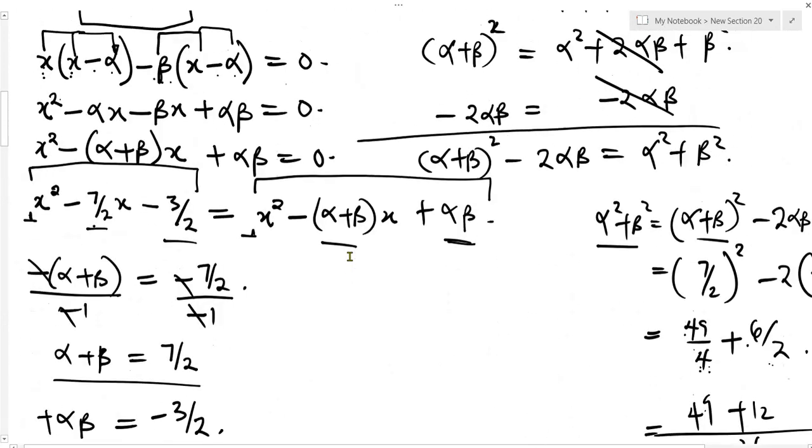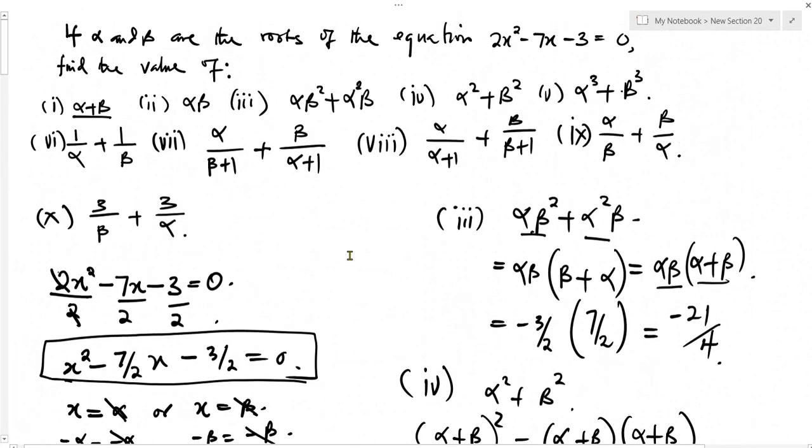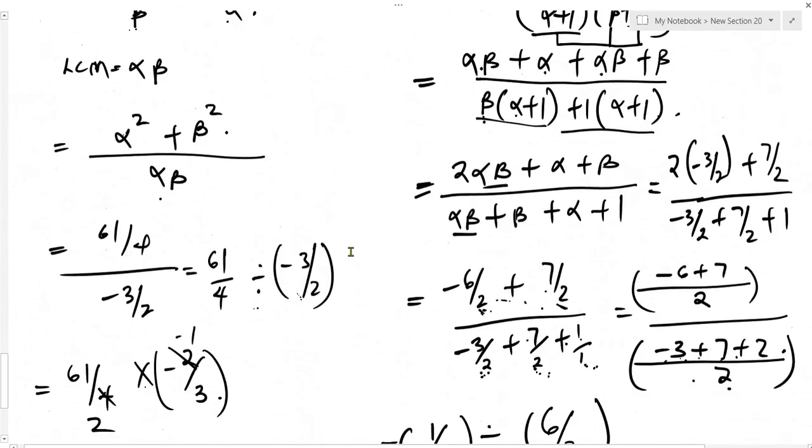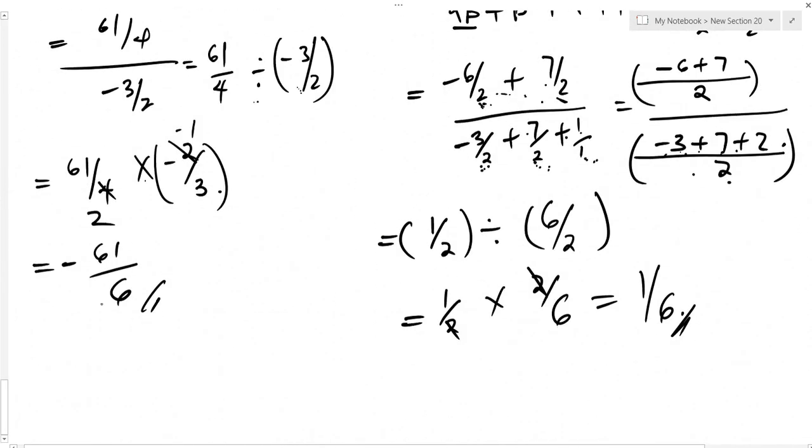Then the next one is X. The X, which is the last one, you have 3 over alpha plus 3 over beta.